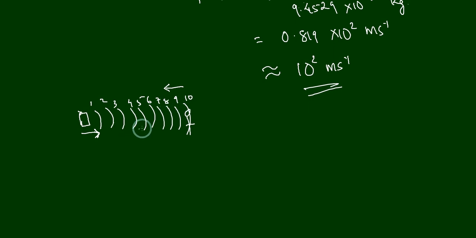If you are staying here and the engine is also staying here, then you would hear 10 waves per second. But when you are moving towards the engine, you are additionally covering two more waves. So instead of hearing 10 waves per second, you will hear 12 waves per second, because you are moving towards the source.